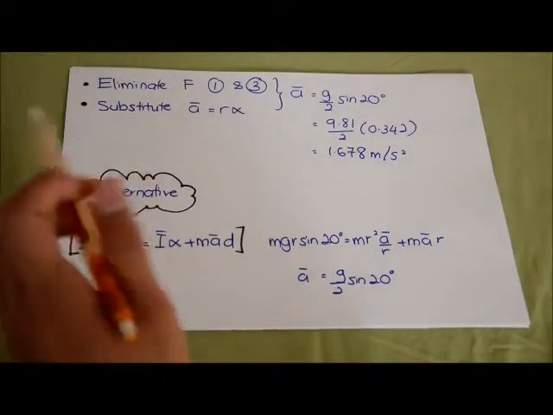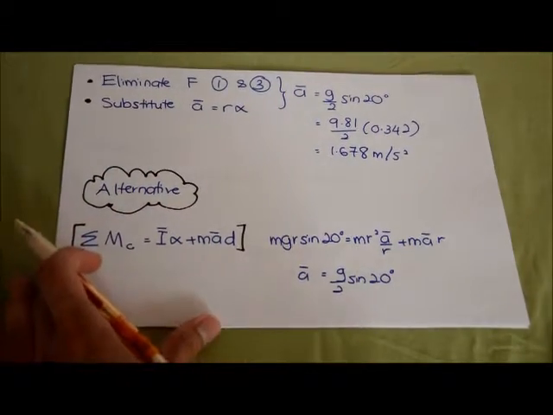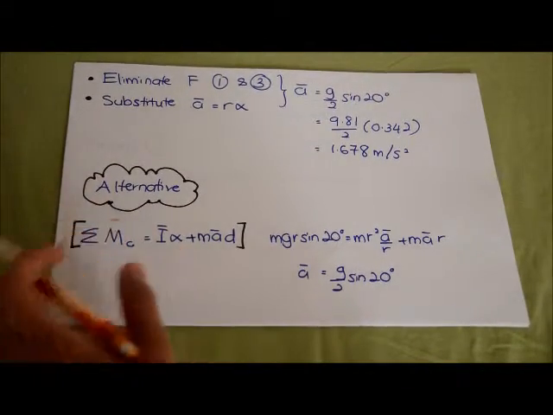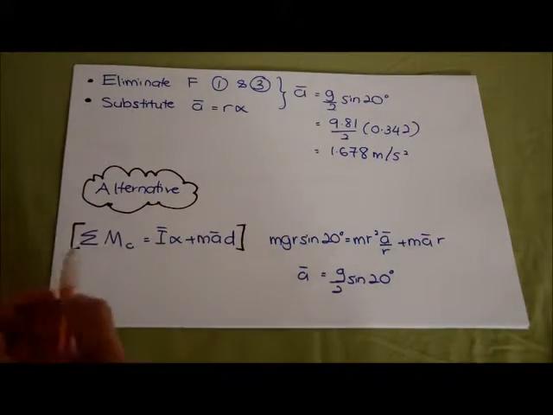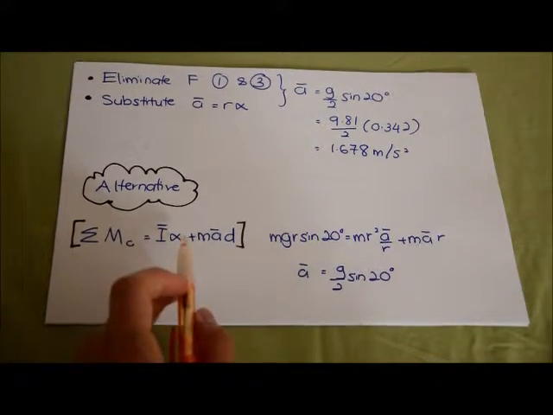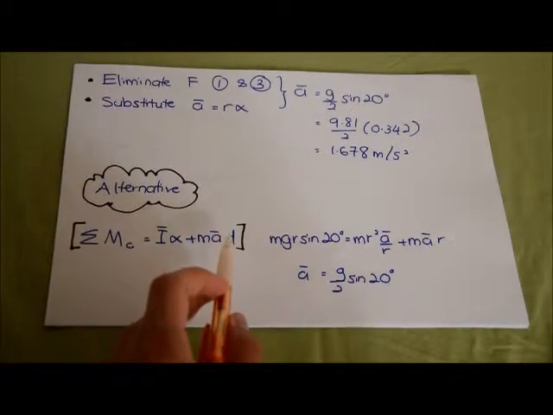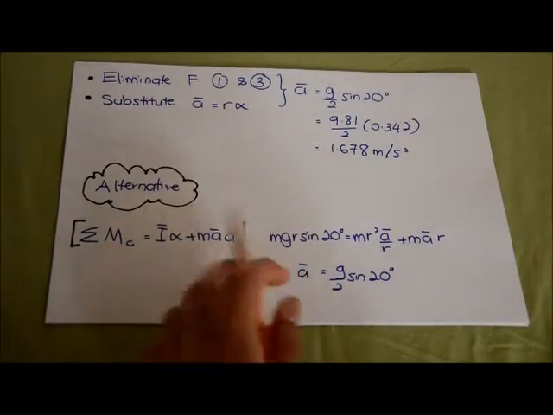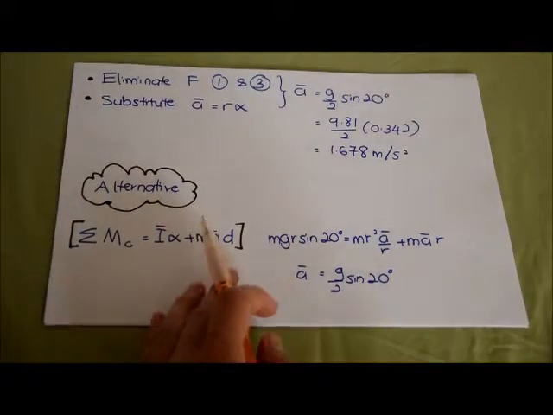Alternatively, with our assumption of a bar equals R alpha for pure rolling, we can take a sum of moments about point C equals I bar alpha plus m a bar d, which will give us this equation, and finally we get the same result for a bar.